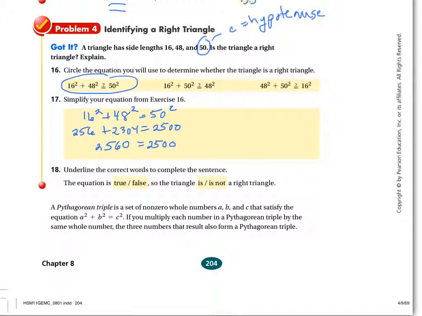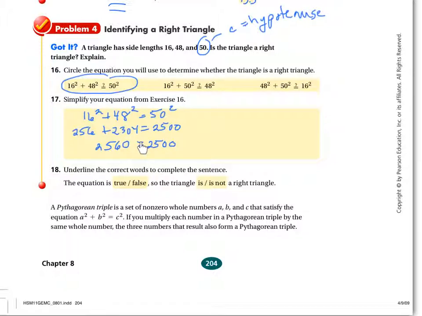All right, what's our conclusion? Yay or nay? No? Why? What did the left side equal? And what did the right side equal? If you're missing this last line, you're going to be marked wrong because this is part of your proof as to whether or not it is.